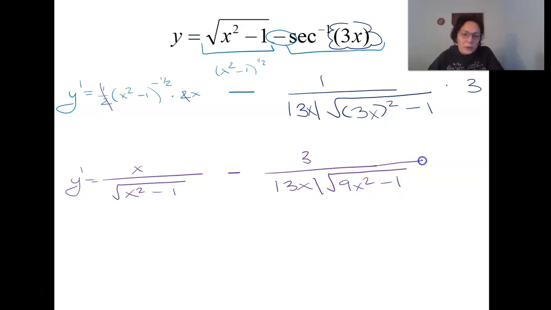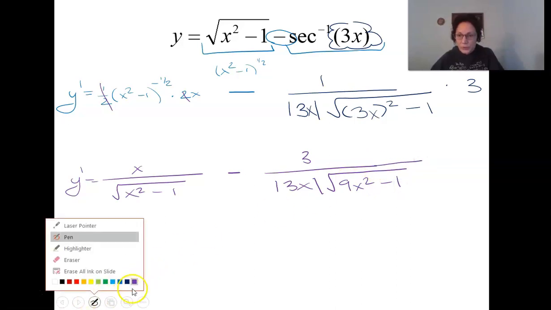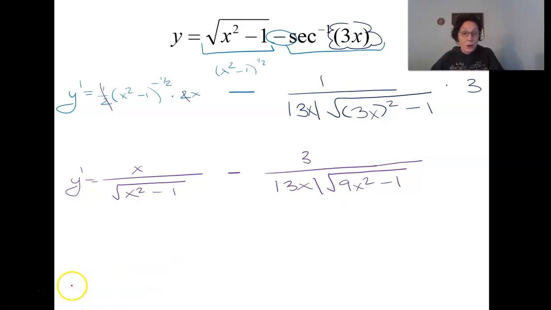Now I simplify this because I do want to show you something that you will see in simplifications, and please don't be alarmed by it. This absolute value of 3x can easily be written as 3 times the absolute value of x, because the 3 is itself positive, so pulling it out of its absolute value has absolutely no effect. And by doing that, you can then cancel that 3 with the 3 up here.